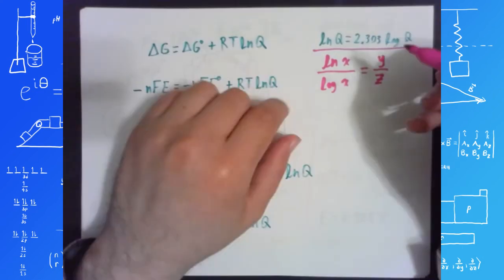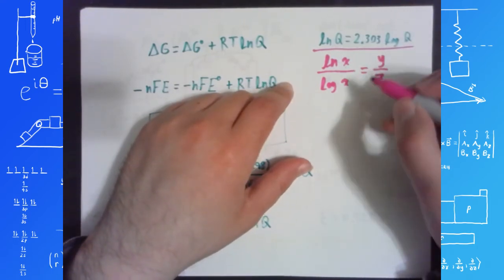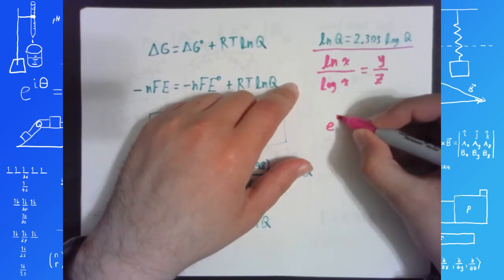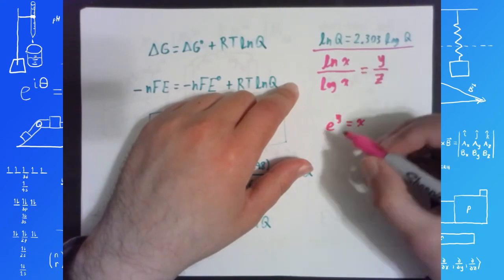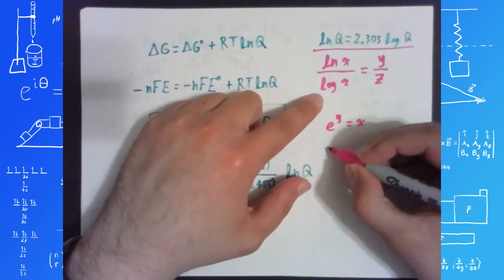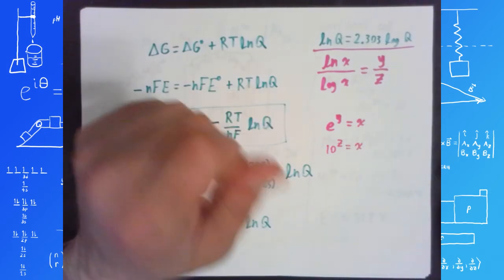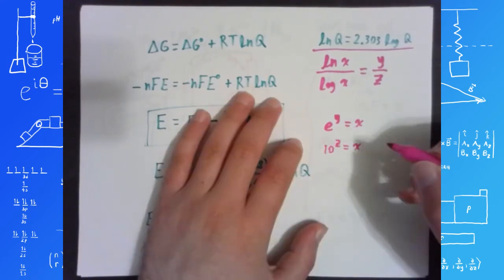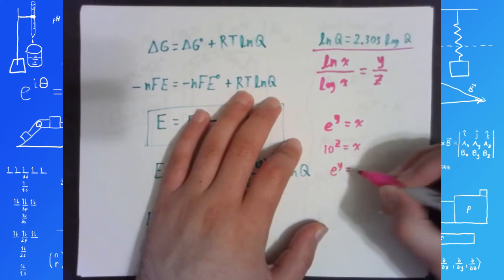Then you can say an equivalent expression: e to the y is equal to x, and 10 to the z is equal to x. Therefore, e to the y is equal to 10 to the z.